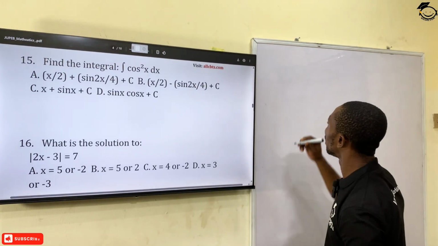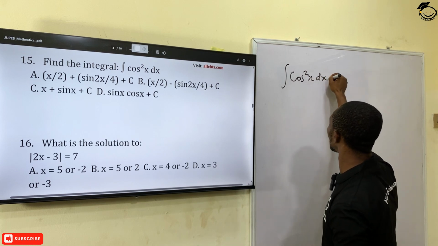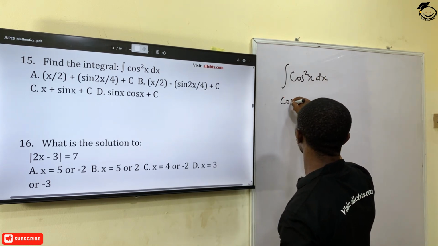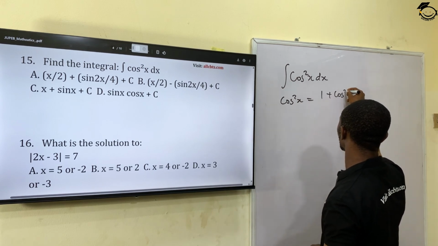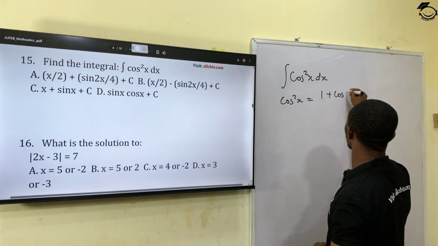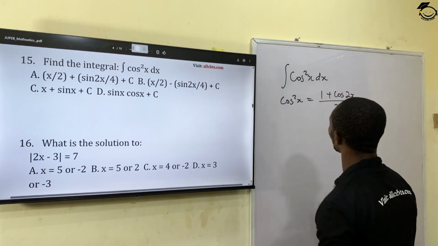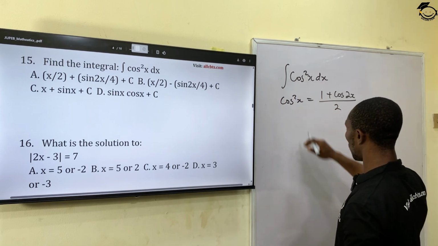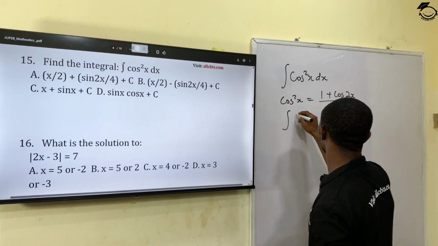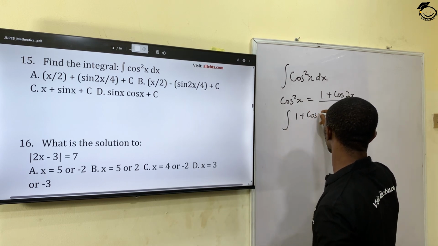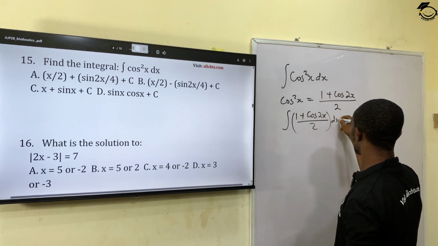Find the integral of cos squared x dx. Now cos squared x equals 1 plus cos 2x all over 2. Substituting this, our integral will become the integral of 1 plus cos 2x over 2 dx.